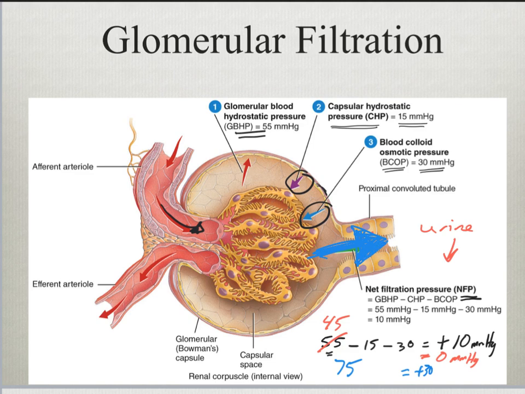So our net filtration pressure is really high. Here's our I Love Lucy scenario. This stuff is going to be flying by these cells, not allowing all these microvilli on these cells to do their function, which is to reabsorb.